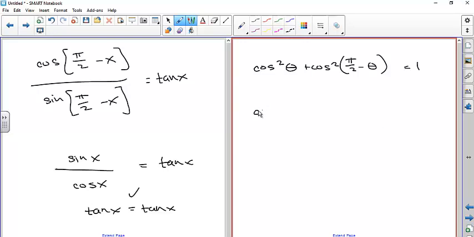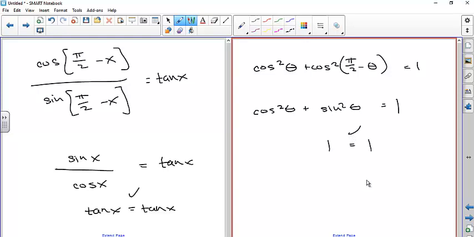So this is another cofunction situation. So the cosine of pi over 2 minus theta is the sine, so I can replace that with the sine squared of theta, and then you can use the Pythagorean identity to replace the left-hand side with 1. Cosine squared plus sine squared equals 1, and then you get the final answer.